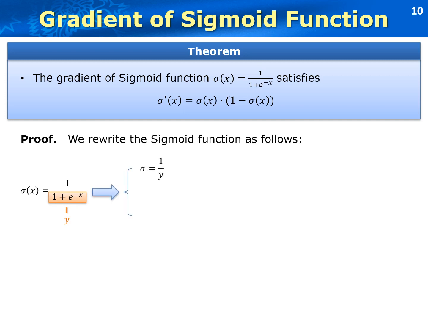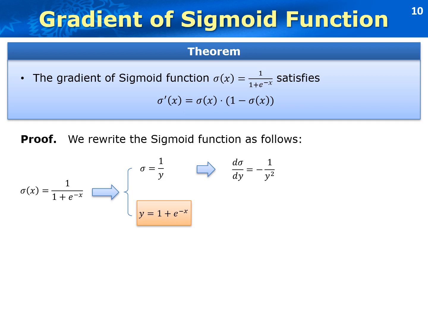Sigma equals 1 over y, and y equals 1 plus e to the minus x. Taking the derivative on both sides of the first equation produces the derivative of sigma equals minus 1 over y squared. For the second equation, we take the derivative on both sides with respect to x.